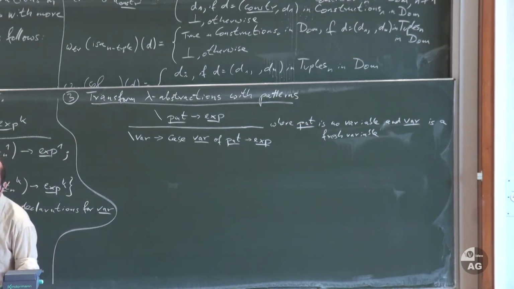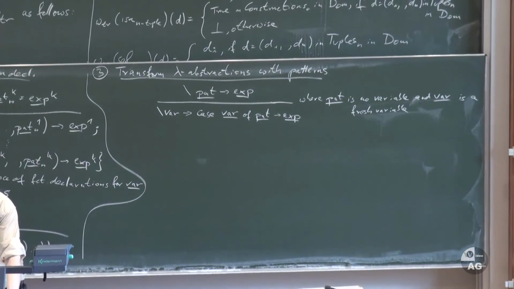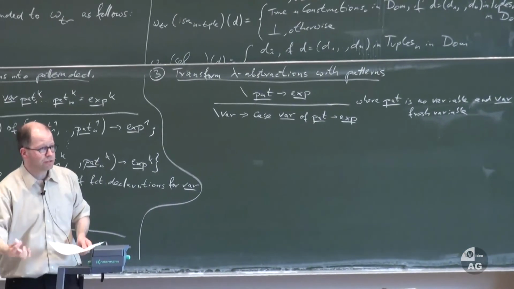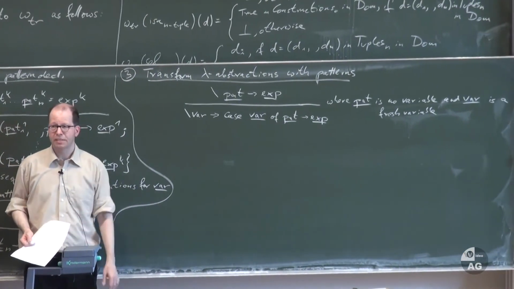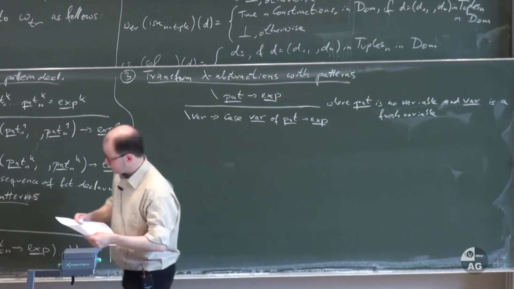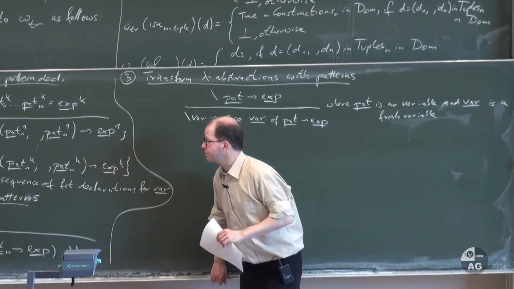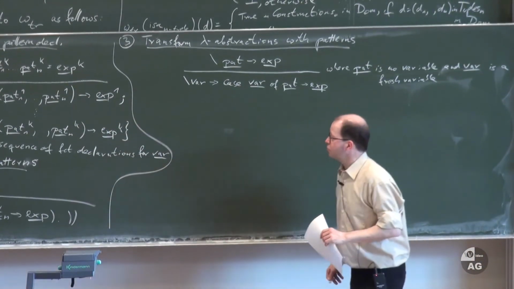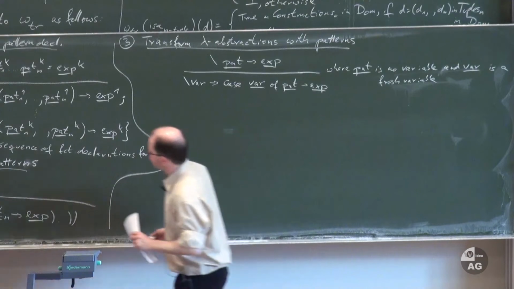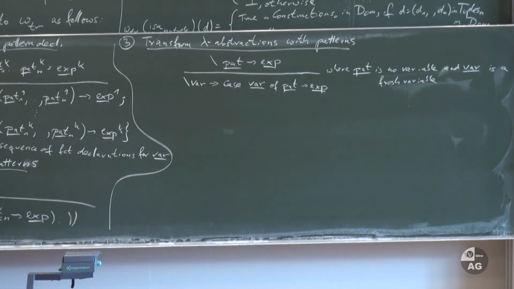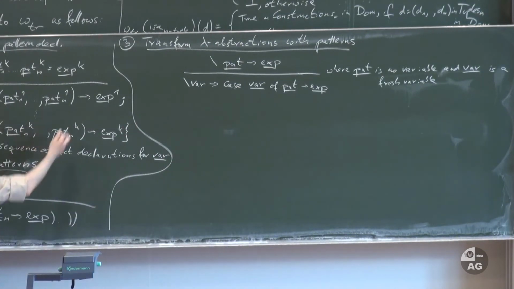Okay, so now the remaining problem is how to get rid of case constructs, because case constructs do pattern matching. And now this case is not so easy to read, because somehow we first write the argument, then we write the patterns, and then we write the results.